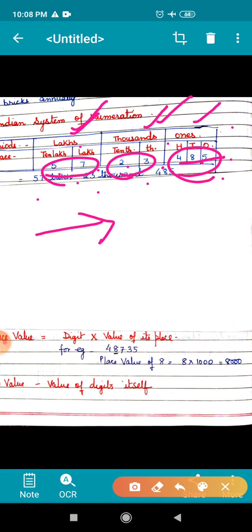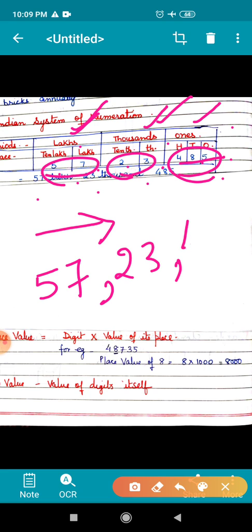Okay, and to write the number we put comma between the periods. So how can we write number? First we will write 57 comma, then 23 comma and 485.